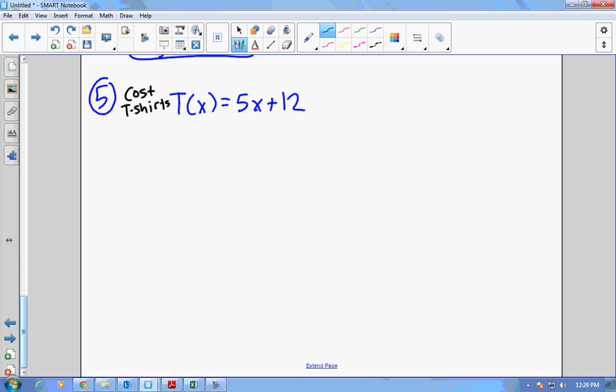And the cost of manufacturing X sweatshirts is modeled by S of X equals 15X plus 18. Okay, I'll try it again. Some people have their eyes closed. Uncover your eyes, please. And the cost of manufacturing X sweatshirts is modeled by S of X equals 15X plus 18.